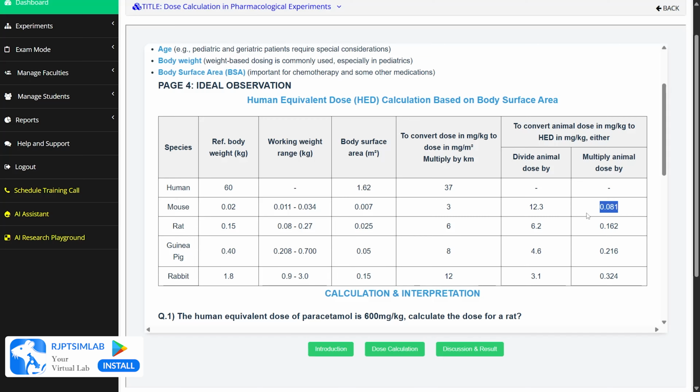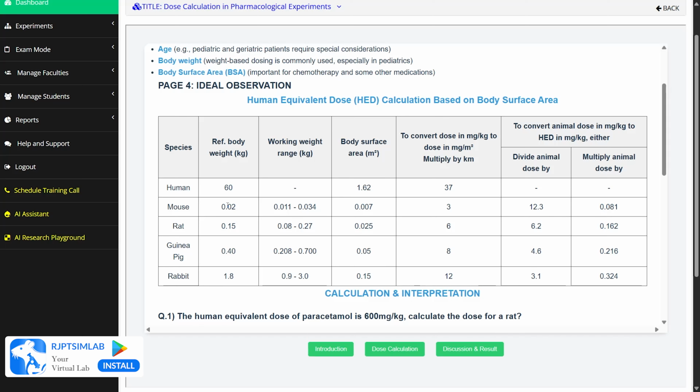This is the calculated value and this is a standard value. So to find the human equivalent dose from the rat's dose, we have to divide it by 12.3 or multiply it by 0.08. From both steps we will get the same value.